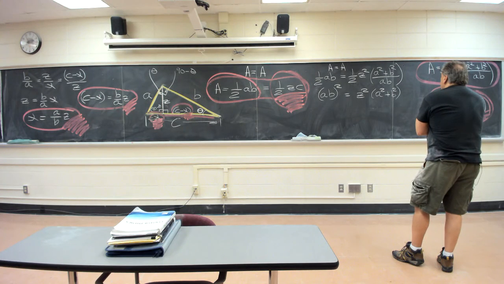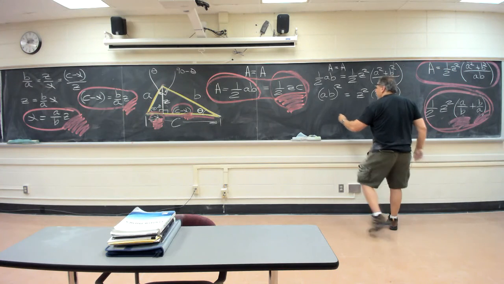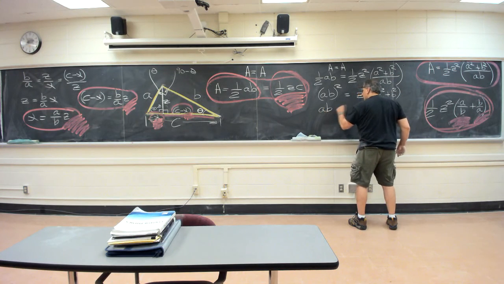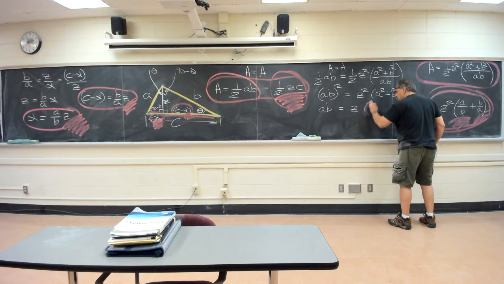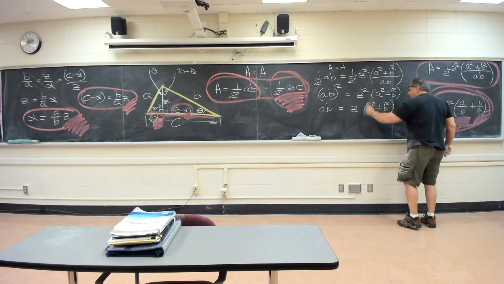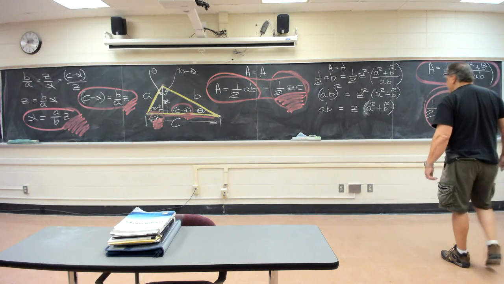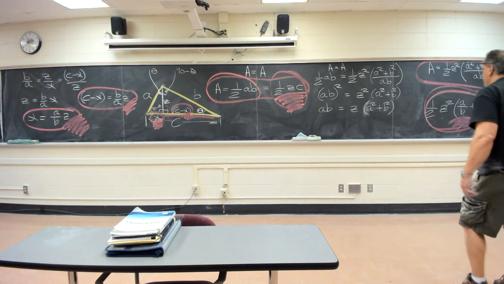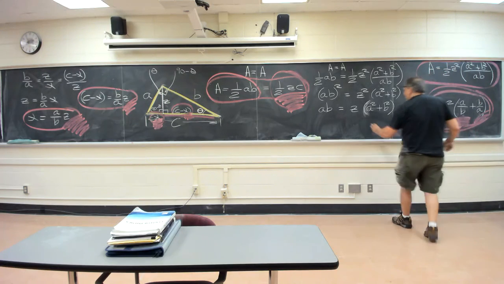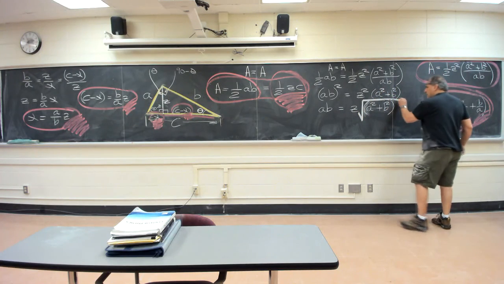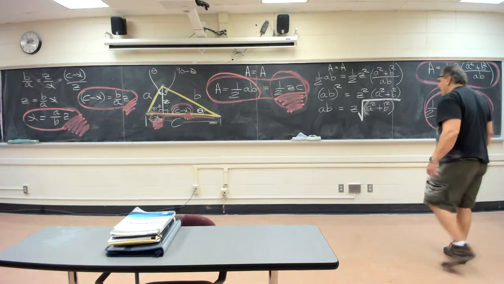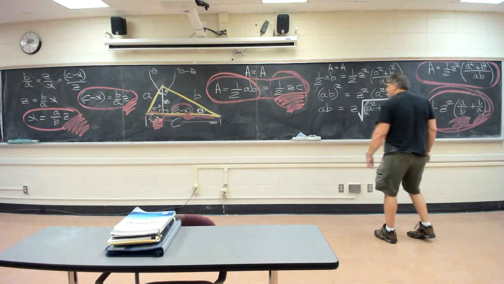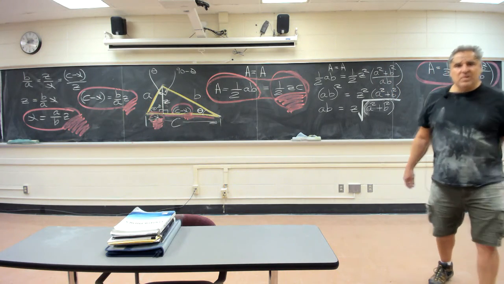If you get the square root of both sides, they're all positive numbers. That a squared plus b squared is really standing there, huh? Do you see it? Look carefully.